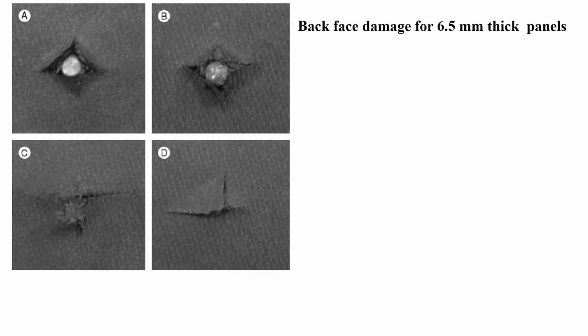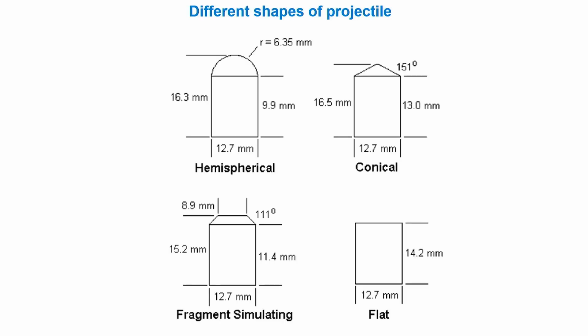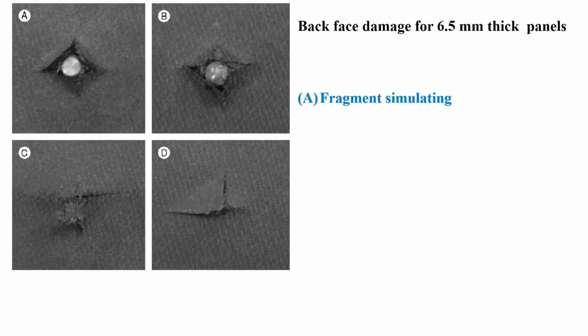A, B, C, D. Here you can see A is fragmented, simulating a back face damage for a 6.5 millimeter thick panel.